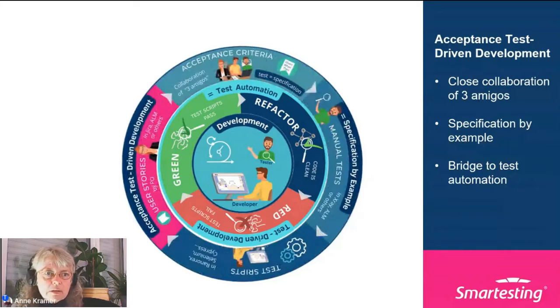The acceptance criteria are worked out together in these famous Three Amigos workshops, where product owner, testers, and developers sit together, and they think of usage scenarios that are examples of how the user story will be implemented.